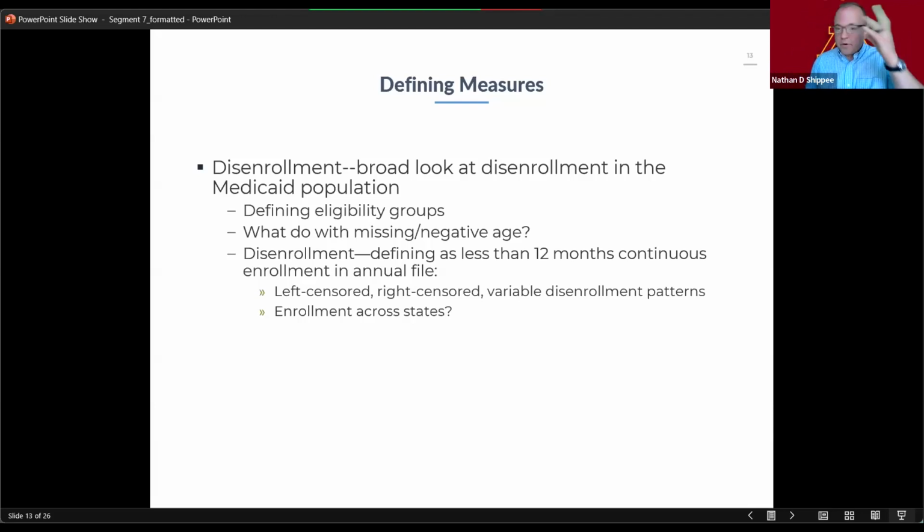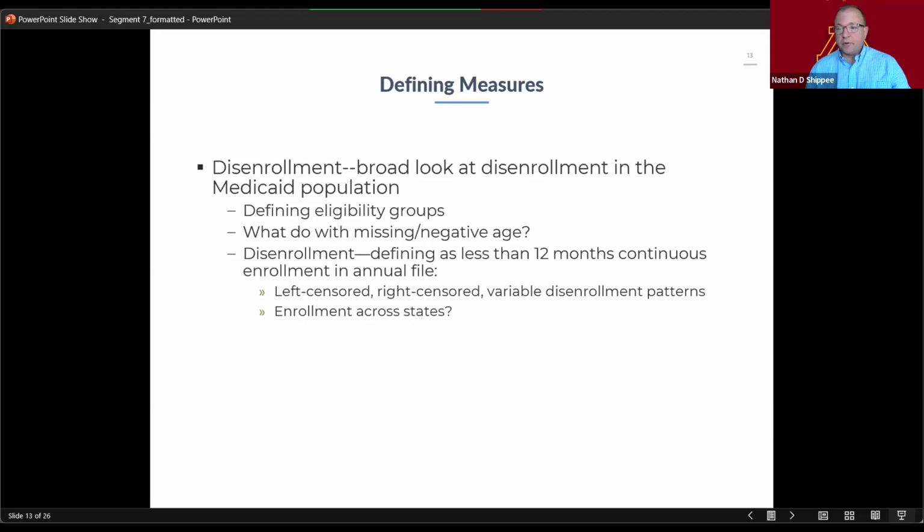So there are a lot of different disenrollment patterns, and you do need to make a rule about enrollment and whether you're requiring continuous enrollment and what you're going to do about it. That's the three buckets that we threw into. Is somebody left censored, they come in new later than January? Is somebody right censored, they leave before the end of the year?